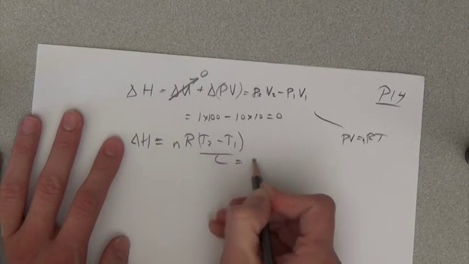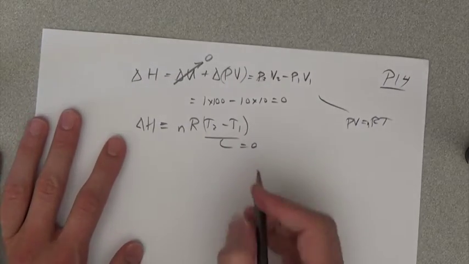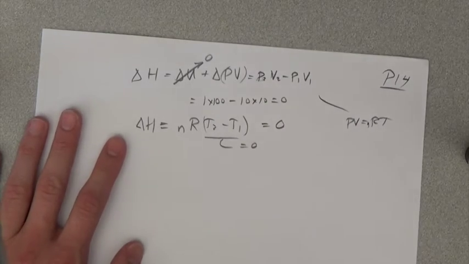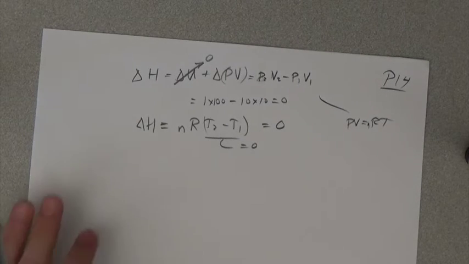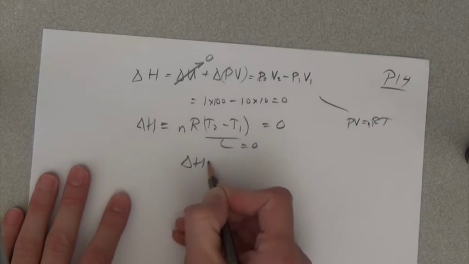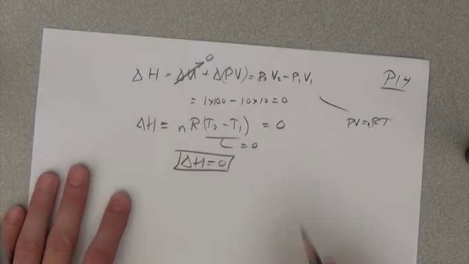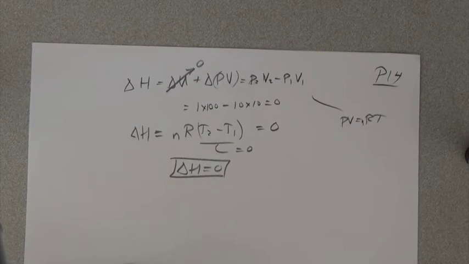Again, this is equal to 0 because it's isothermal, so delta H is equal to 0. So it's nice that you can go about getting the answer in many different ways and get the same answer. Okay.